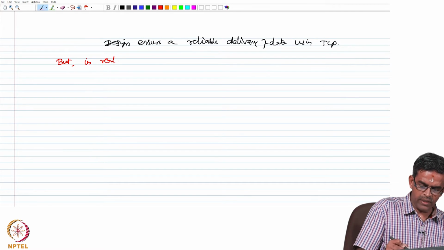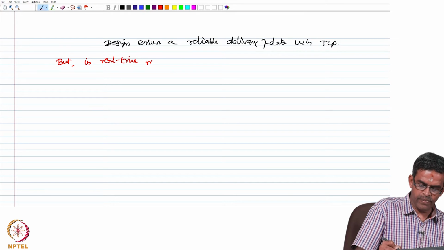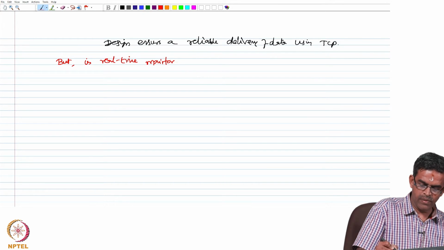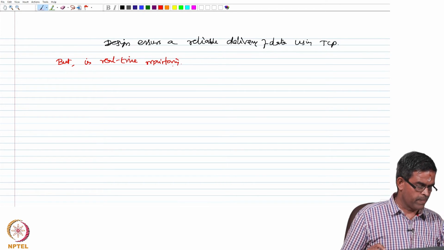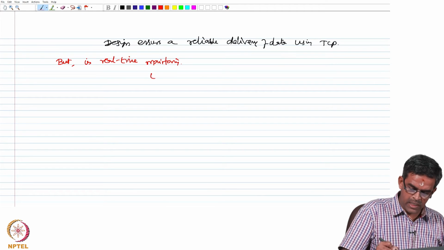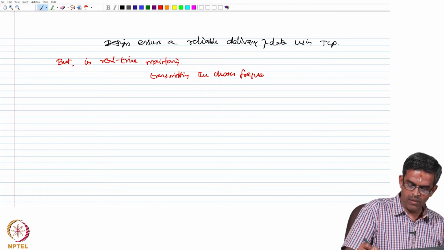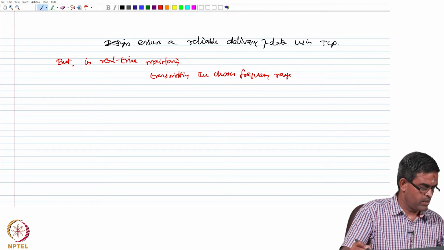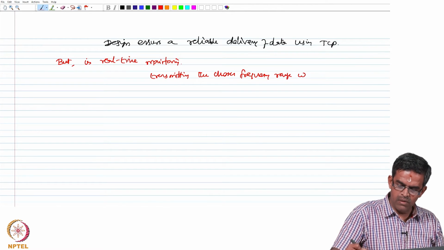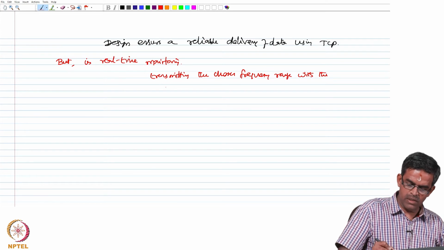in real time monitoring transmitting the chosen frequency range with the available standard protocol is a challenging issue.